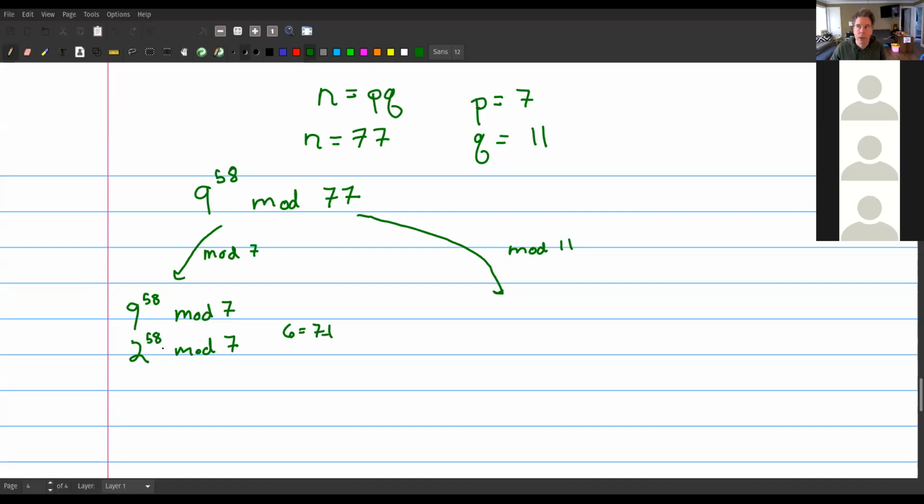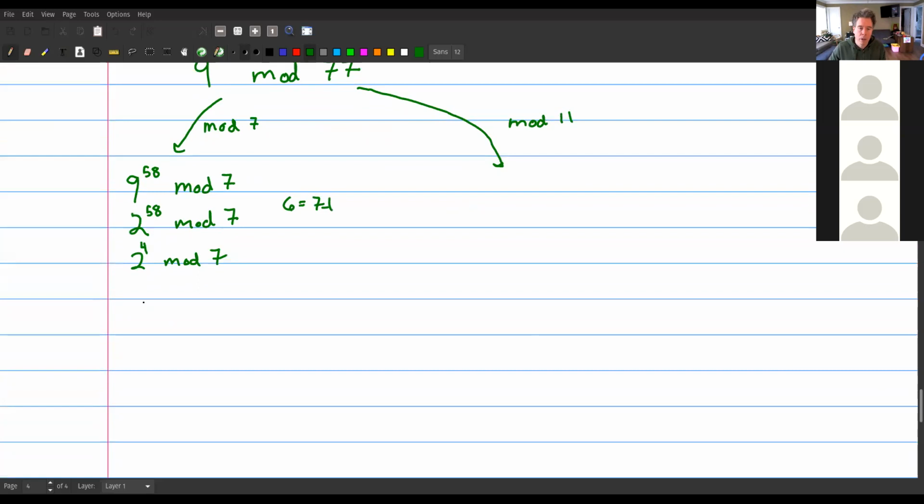So what is 58 mod 6? 6 goes into 54, so this is the same thing as 2 to the 4th mod 7, which is just 16 mod 7, which is 2. Yeah, it's 2, because 7 goes into 14.